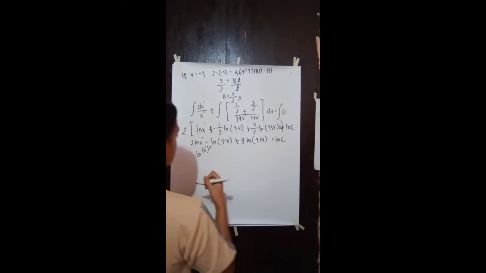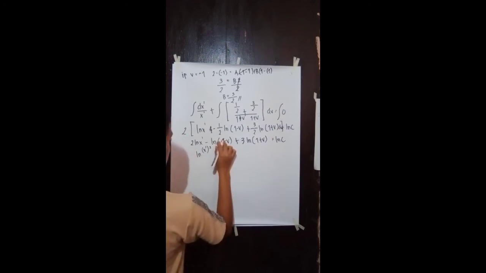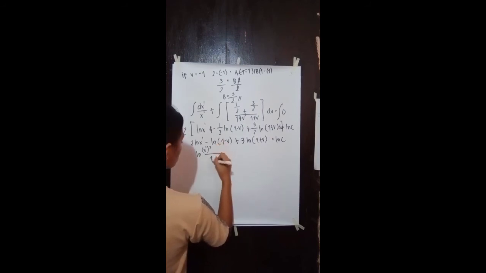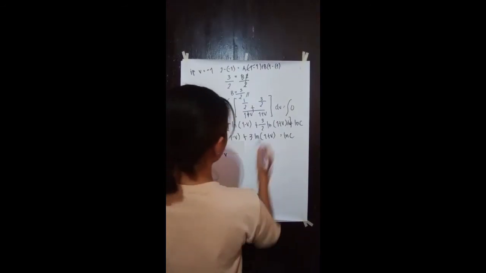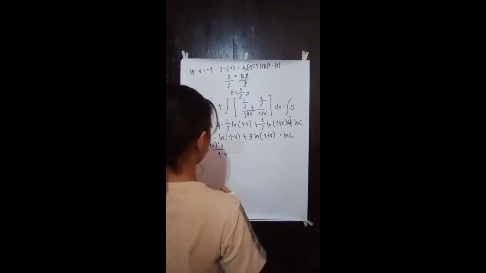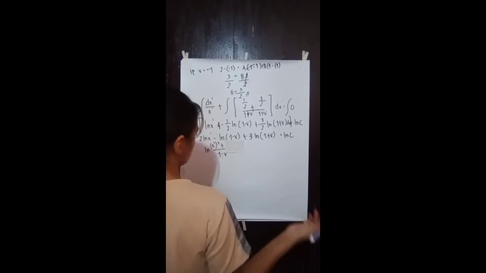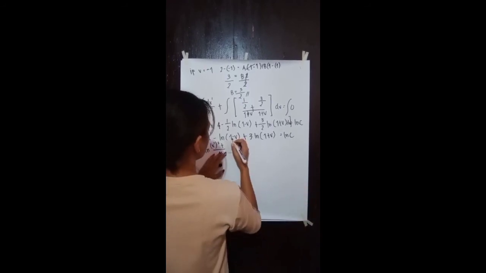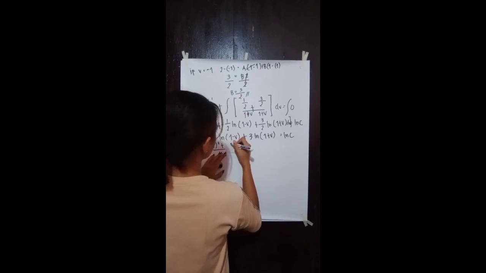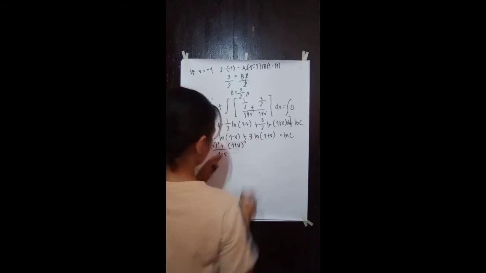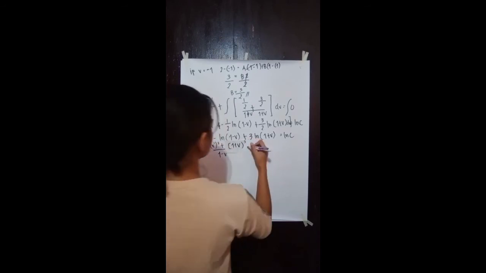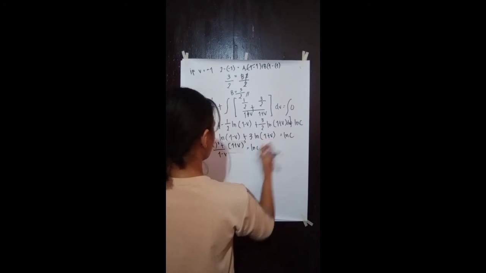So, bring down natin yung value ng yung tabi ng ln. So, 1 minus v. So, for 3ln, 1 plus v, ang mangyayari dyan is rule ulit ng logarithm, the power rule. Ang mangyayari is 1 plus v cube. Okay? Is equals to ln c.